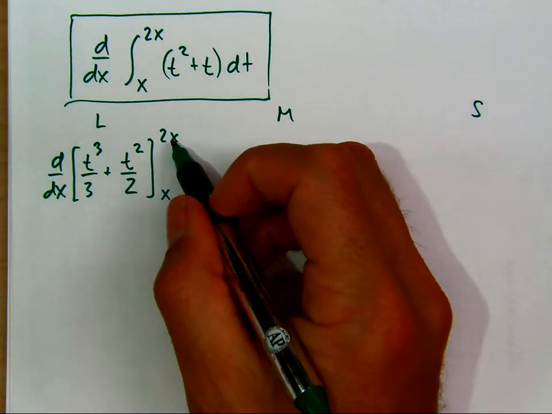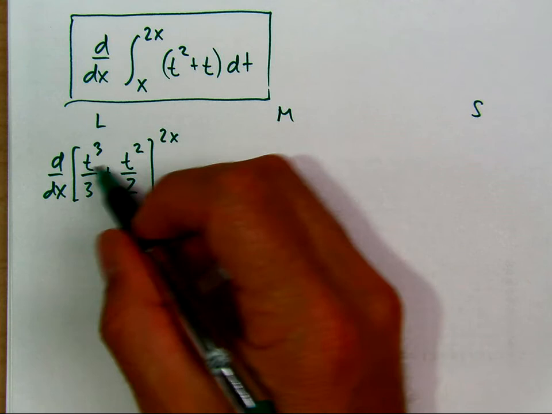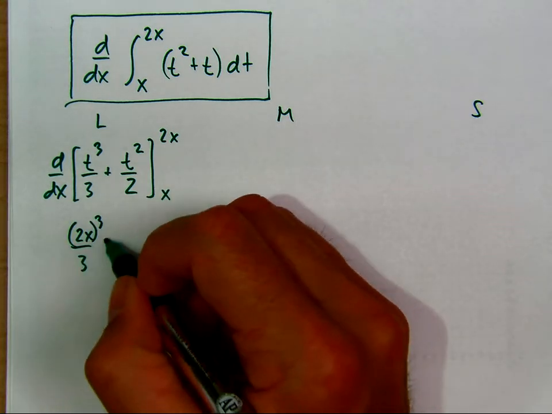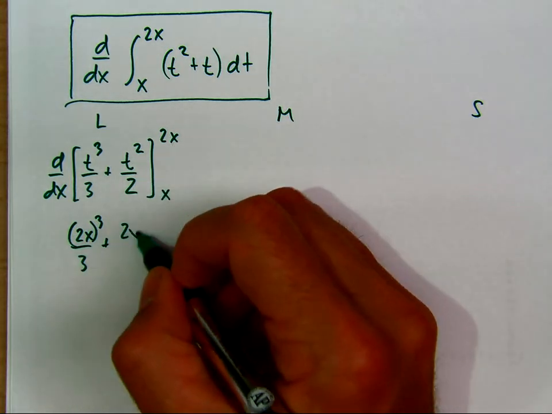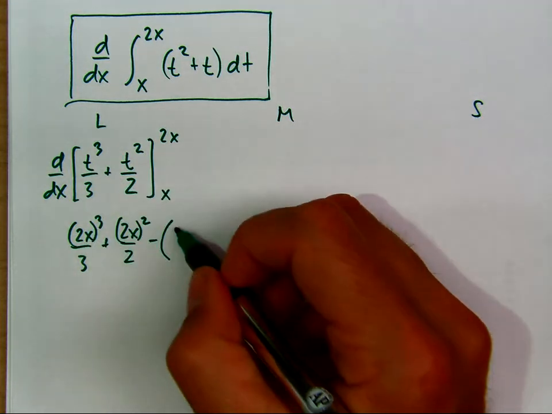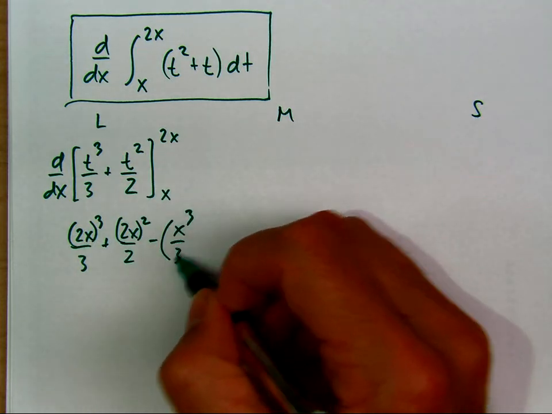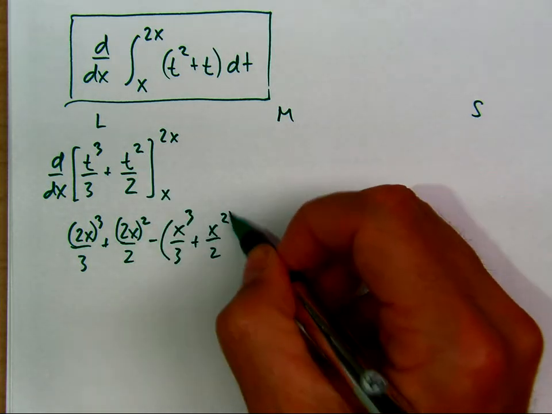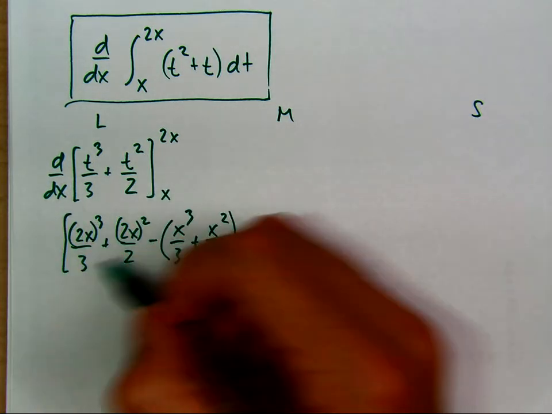Then we substitute, so we have 2x cubed over 3 plus 2x squared over 2, minus x cubed over 3 plus x squared over 2, and we have to do the derivative.